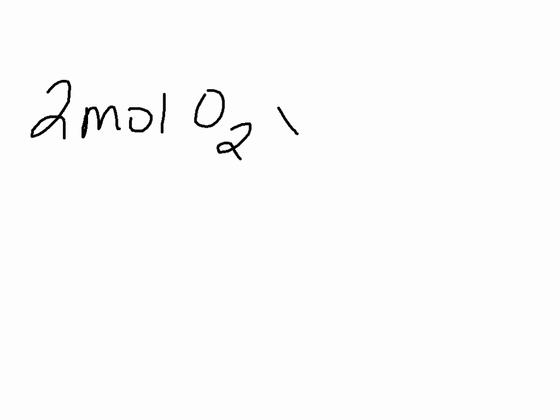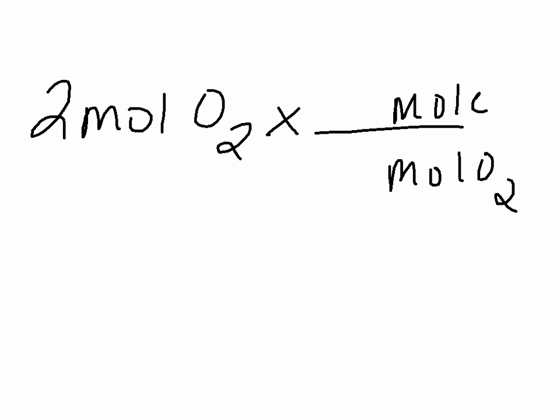Now, if I have something like a number of particles I want to find, if I had 2 moles of oxygen, say O2 molecules, and I wanted to know how many little molecules I have in the microscopic world, moles of O2 have to go on the bottom, and I could put molecules on the top.